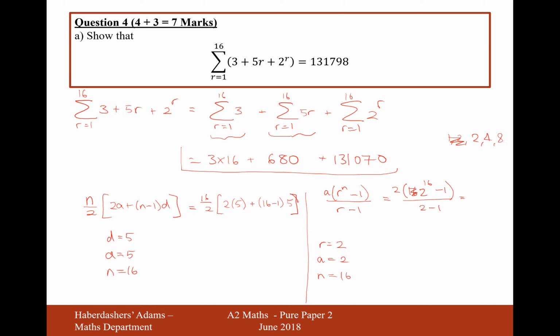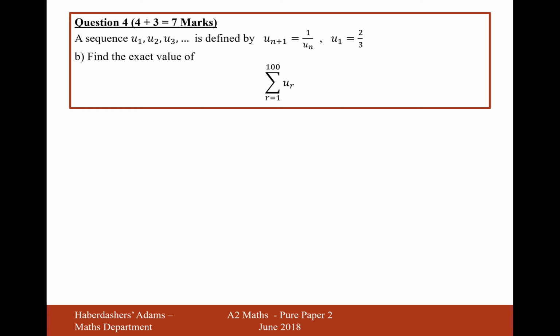So this is our calculation that we now have to add together, and when we do that on the calculator, 3 times 16, add 680, add 131,070, we get 131,798. Okay, so there we are. We have split the question into 3 parts and added the 3 parts together. So good. Let's move now on to part B.